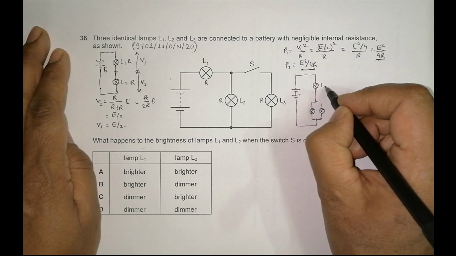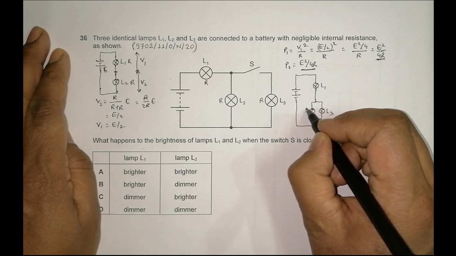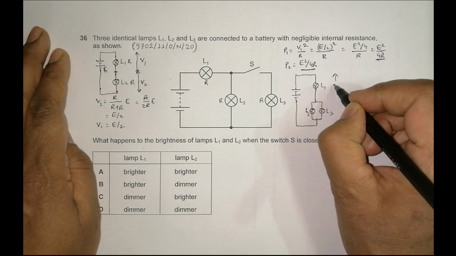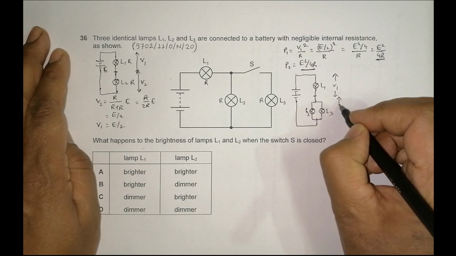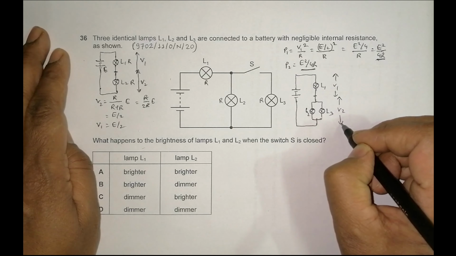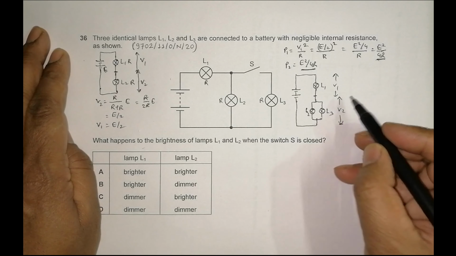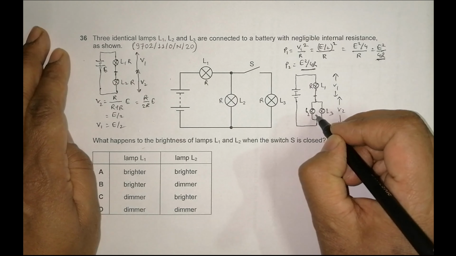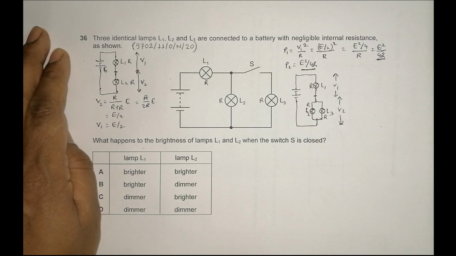This is L1, this is L2, L3. Here it is V1, and from here this is the new V2. So here we have L3, but if I say V3 and V2 will be equal. I can give any name there. So this is R, and both of these are R as well as R.